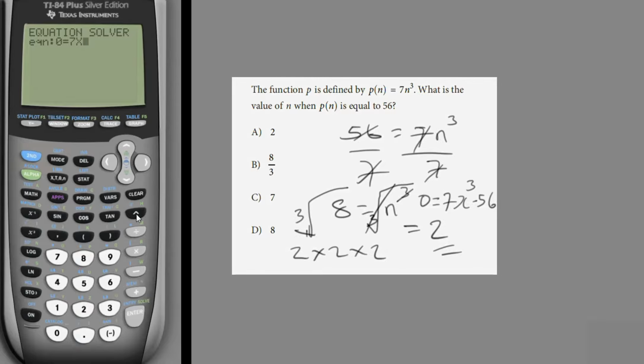To bring our cube, make use of this function button, to the power 3. Alright, we're good to go. Then we have minus 56. Press enter, assign x a value, it's assigned 0. Then to solve, press alpha and this enter button to solve it. We're going to get 2.